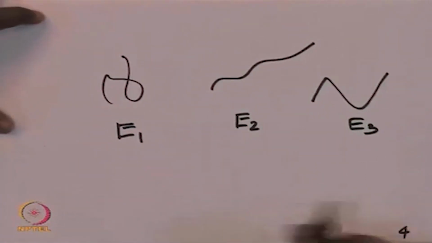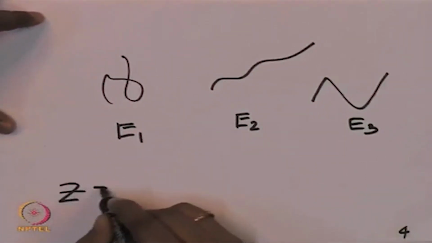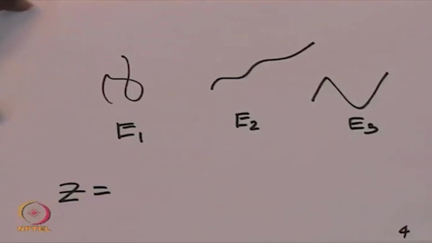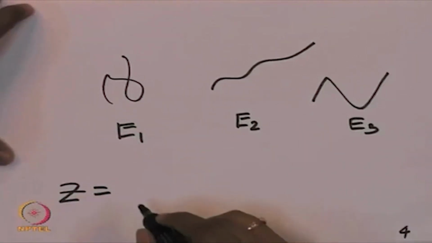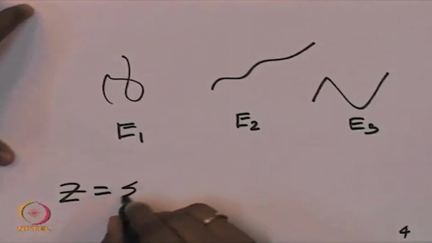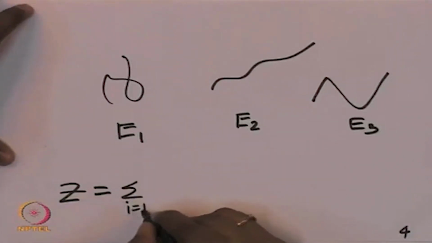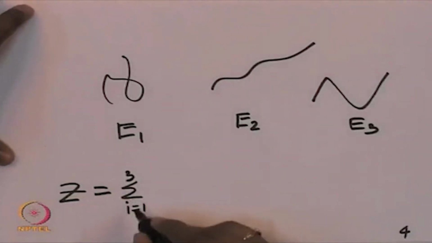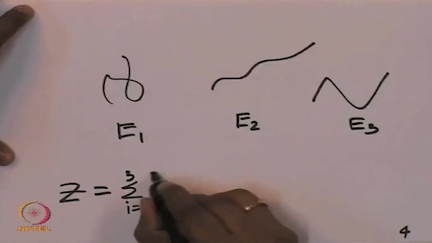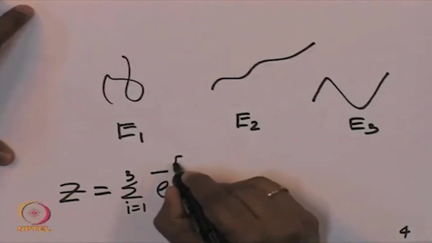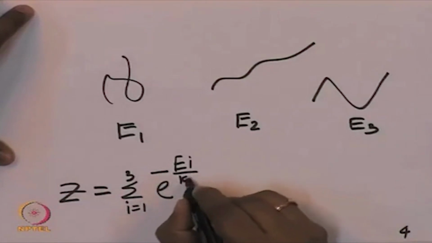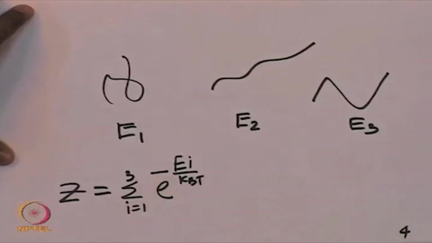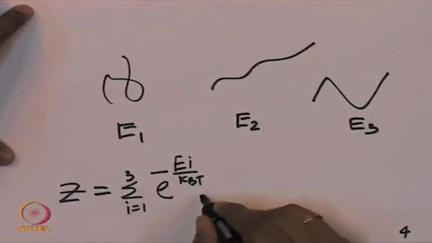Then the partition function Z is given by the sum over i from 1 to 3, as there are 3 states, of e power minus Ei by kBT.